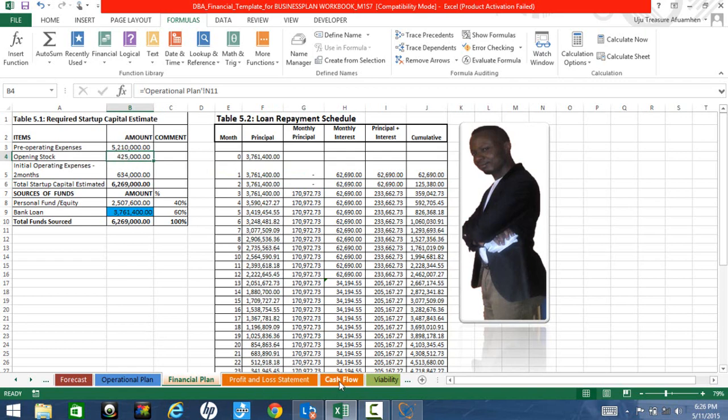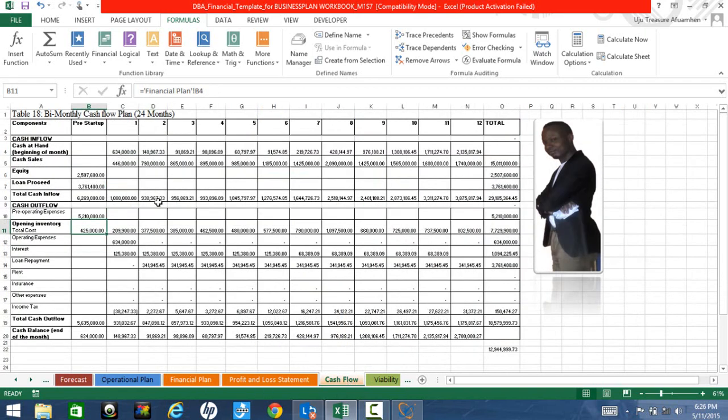So we come straight back to our cash flow. Can you see that? Opening inventory. So we're taking the summation from what we have here down to what we have here. So everything from this point down to this point gives us the total cash outflow.